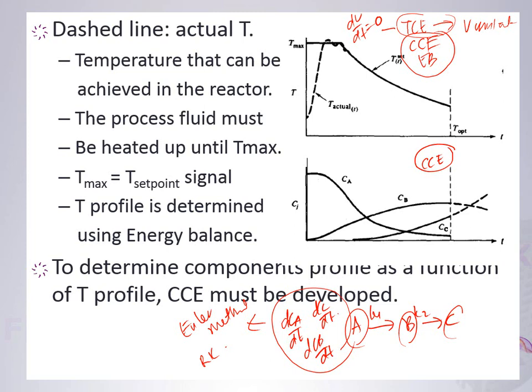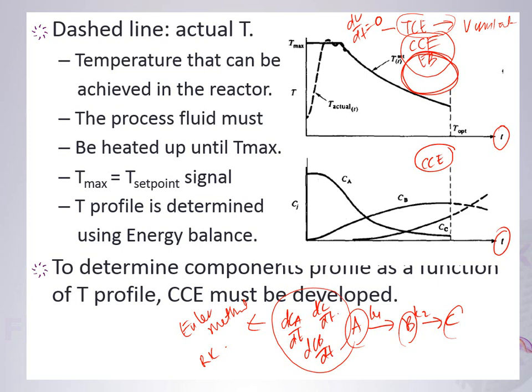Then at the same time, you have to solve your energy balance, and then you plot it on the same graph. Remember, this one is your T, and this is your T. So you plot it on the same graph, then you should be able to get this.